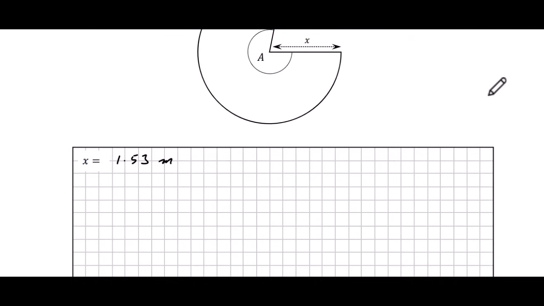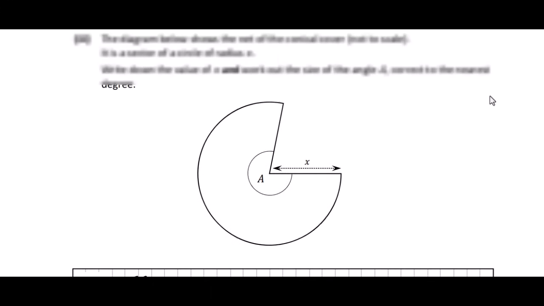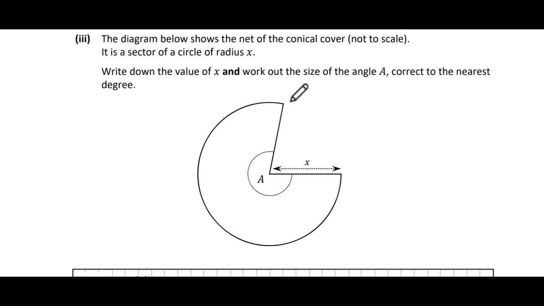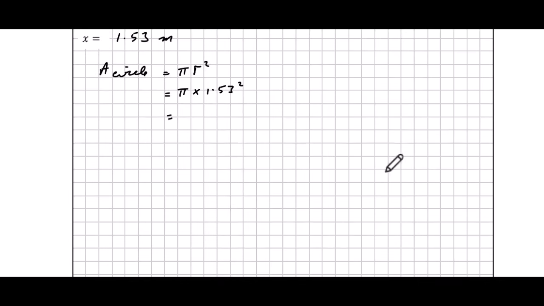So let's work out the area of the entire circle. The area of a circle is pi r squared. So that's pi times 1.53 squared. Because remember, if you join that up to that there and make an entire circle, the radius would be just 1.53.